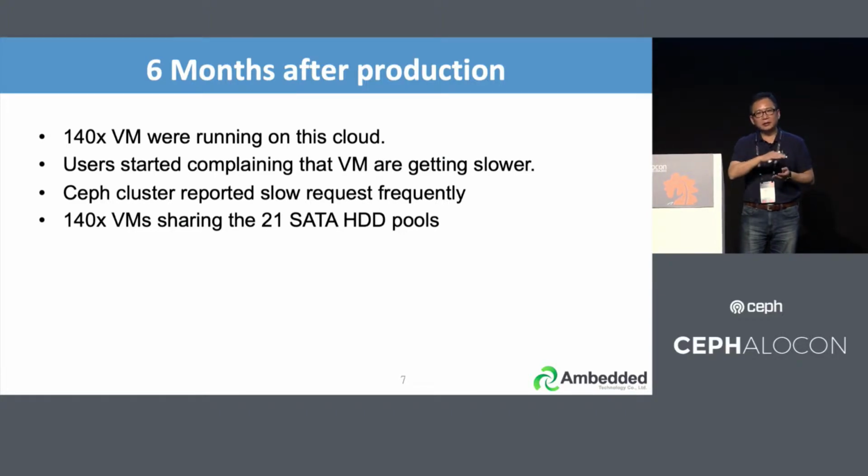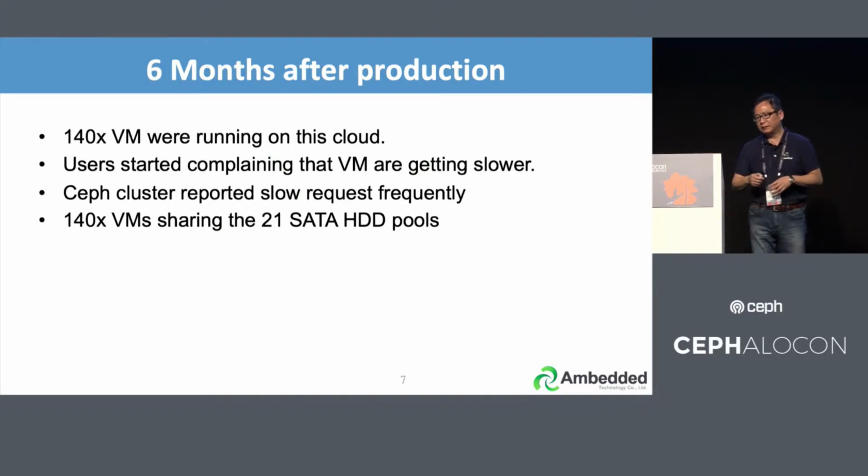But as they grew to 140 VMs on this cluster, the users started to complain. The service became slow because they have a lot of services internally. So even though it is a private cloud, the users gave them a lot of pressure.